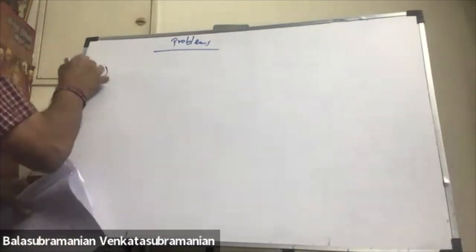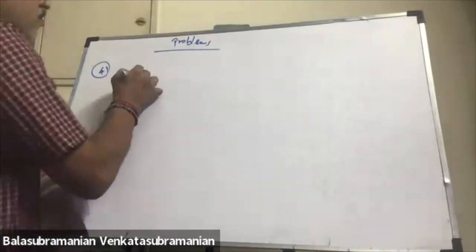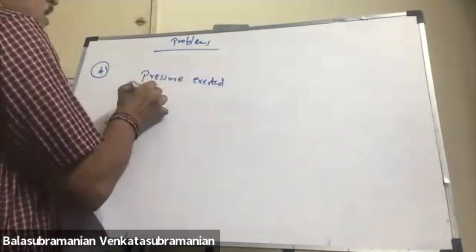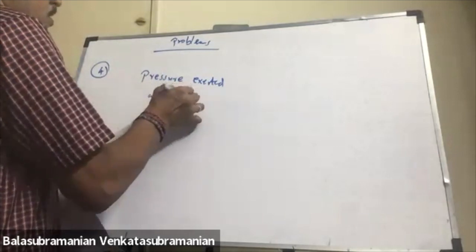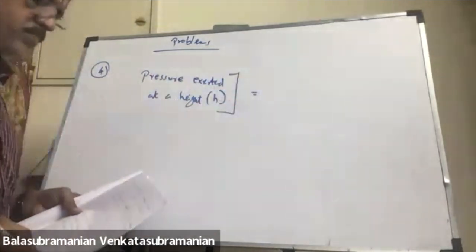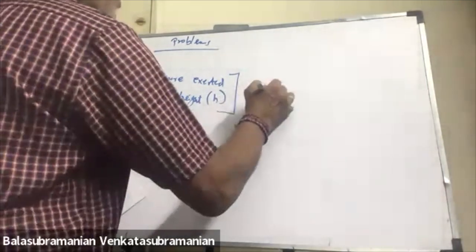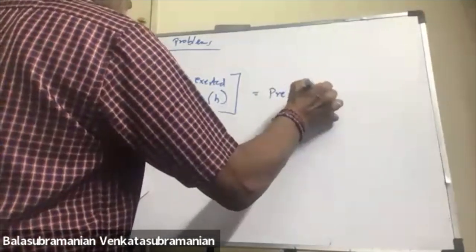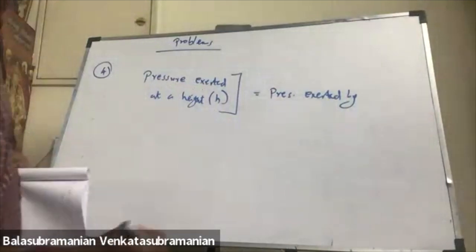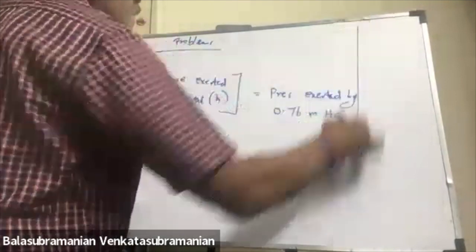Pressure exerted at a height h is equal to pressure exerted by 76 centimeter or 0.76 meter of mercury.